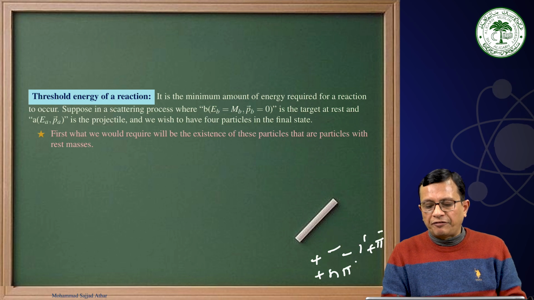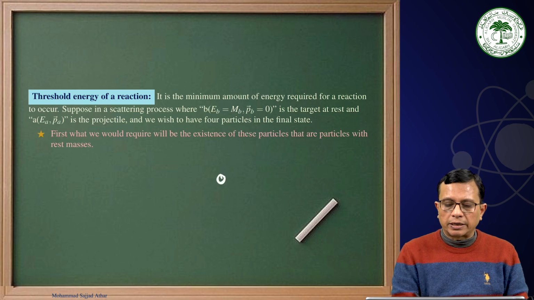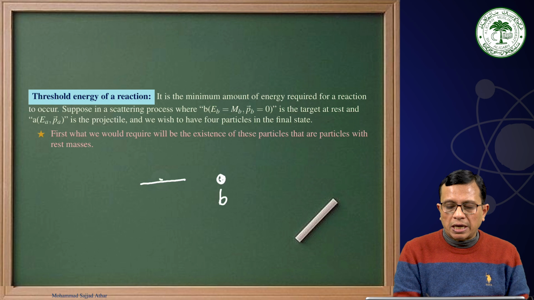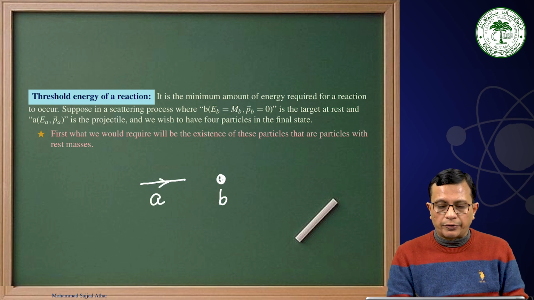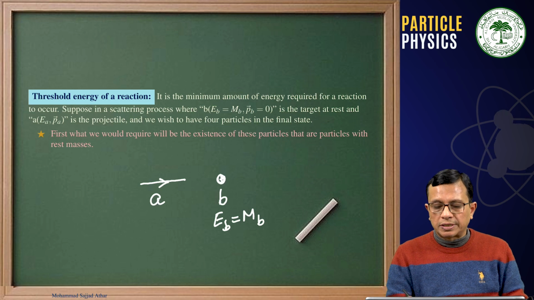For example, if I am talking about a target particle, say this is my target particle B and my projectile is A. Now this target particle is at rest. Therefore, its energy is its rest mass in units of c and h-bar. Again, I am using natural units.